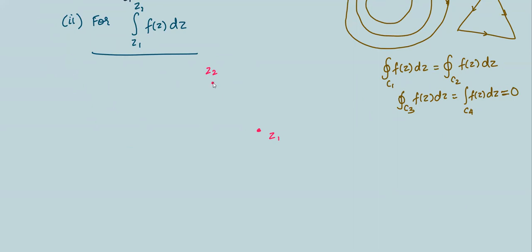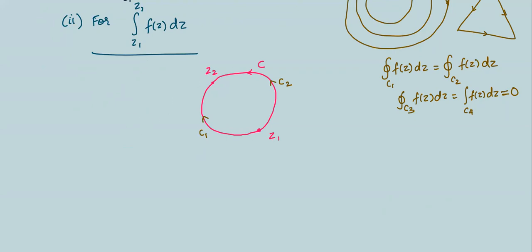Now, I'll draw one closed path. This whole path, I'll call C. But Z1 to Z2, I can go via this path C1, or Z1 to Z2, I can go with C2. There are two paths. The complete path is C.